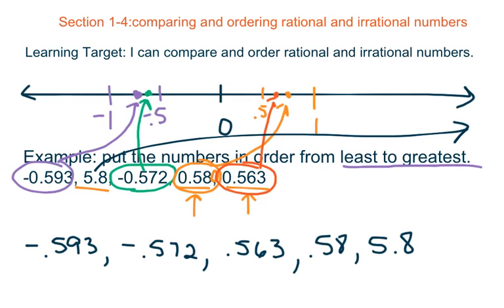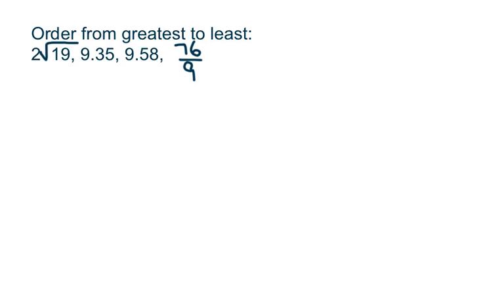So let's try this one. Now, as you can see, in this problem, it says order from greatest to least. So make sure that you read those directions, greatest to least.